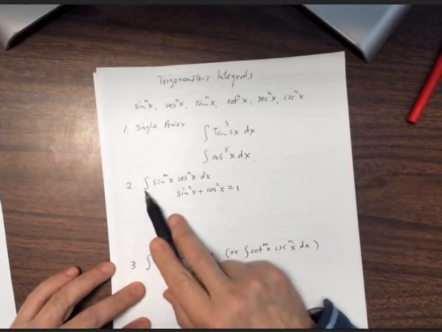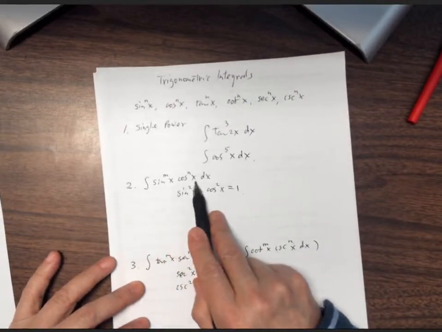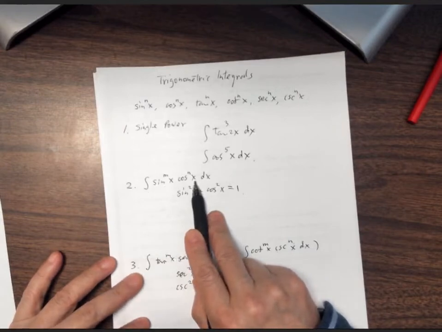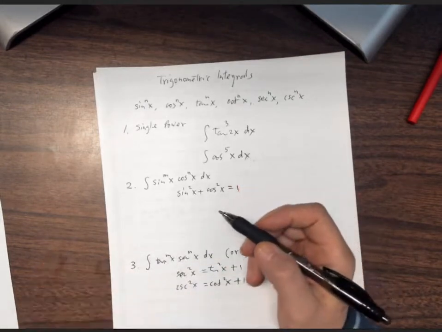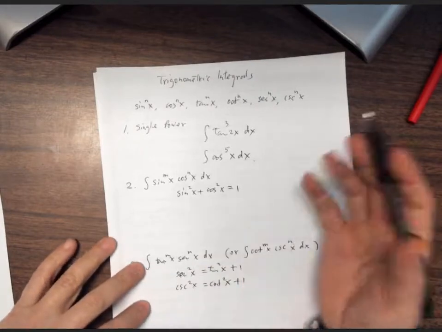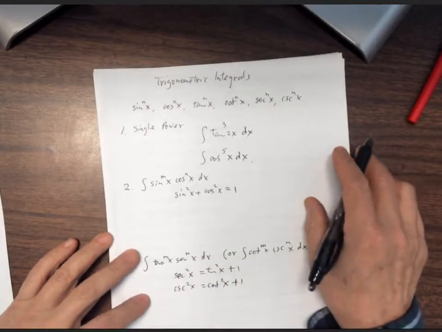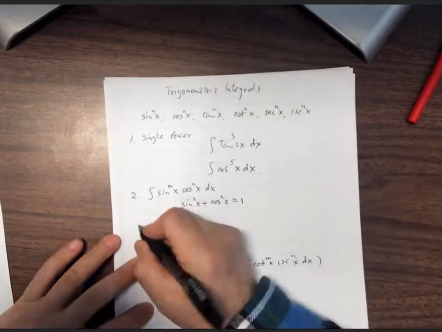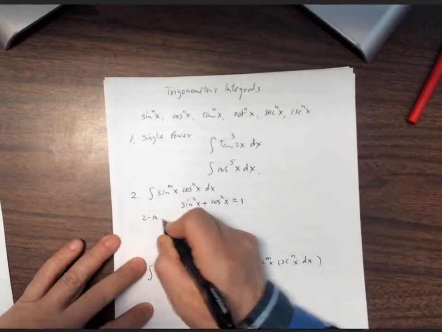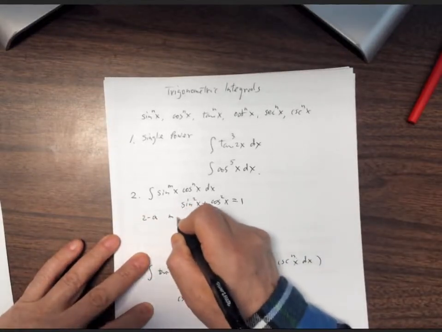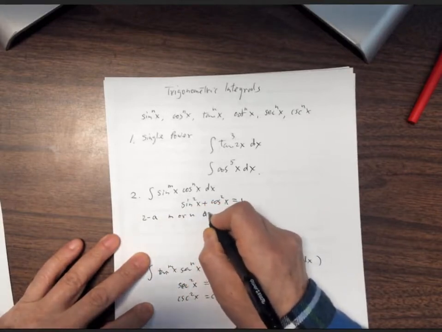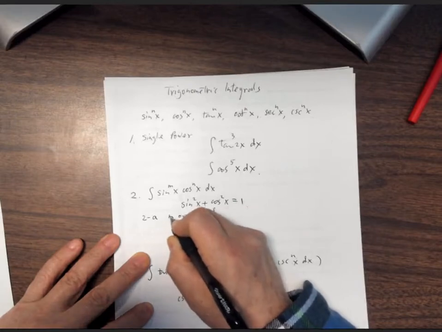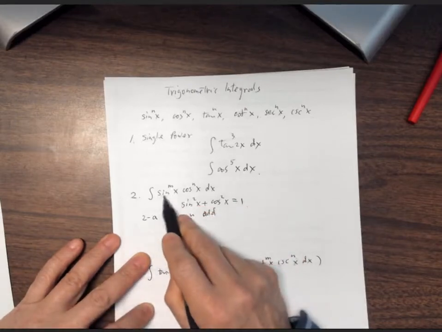Now, for the combination of a power of sine and cosine, there are 2 types of integrals that we can integrate. The others we cannot. So let's just see the 2 cases we can. First case is if m or n is an odd integer. It's the power of sine or power of cosine.